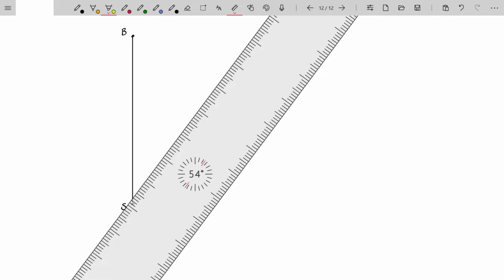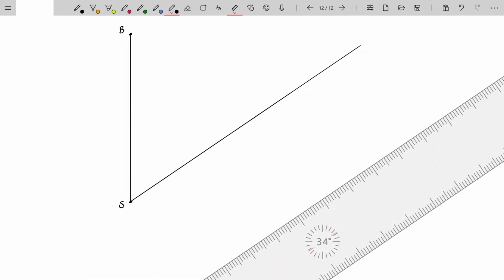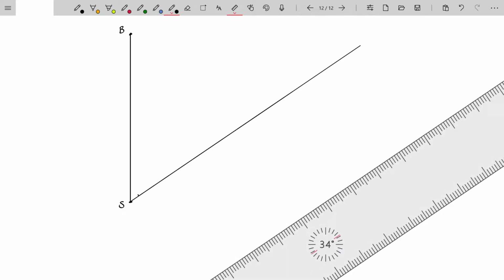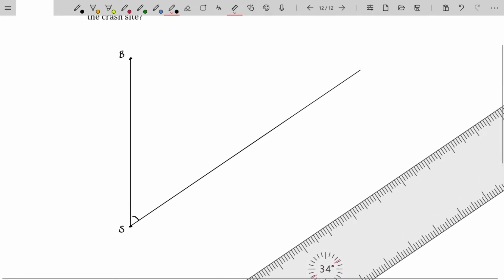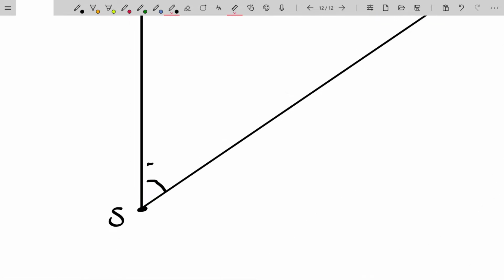You would normally not have to do that within your problems, but I'm just trying to be exact. 90 minus 34 is 56, and so this is them looking north and turning through an angle of 56.4. I just couldn't get the 0.4 on there.